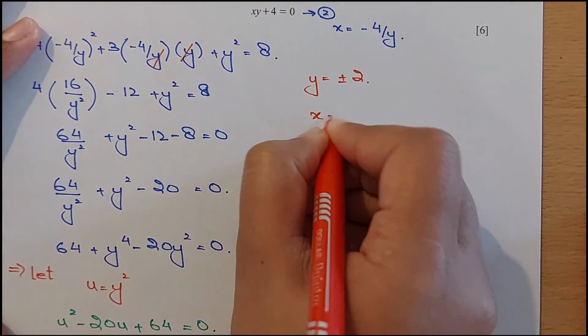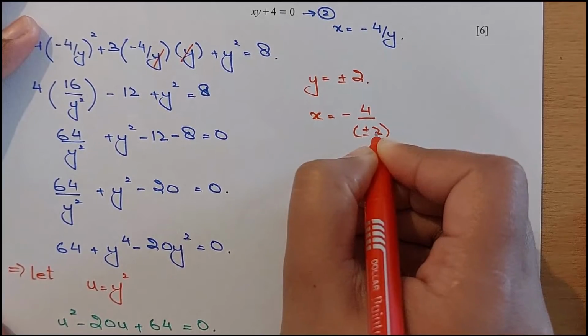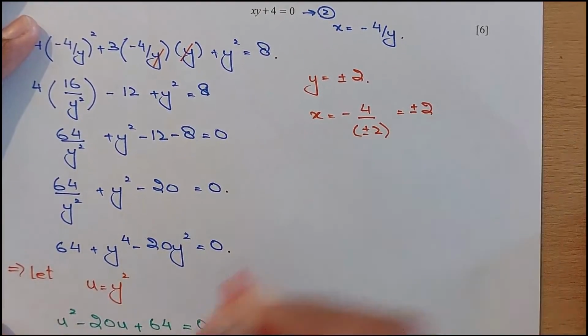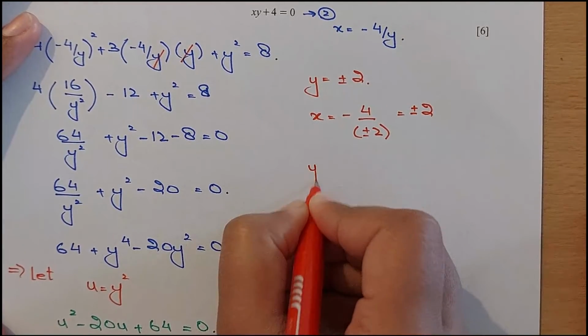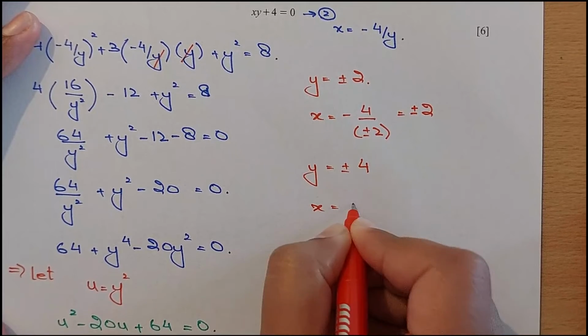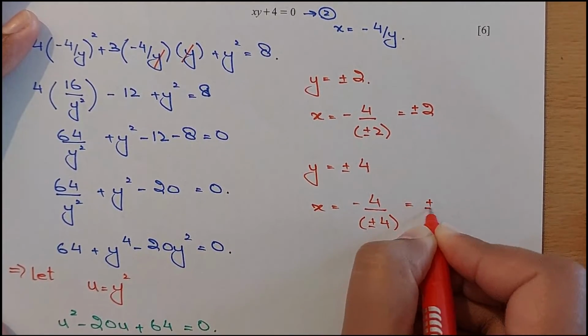So x equals minus 4 divided by plus minus 2, so 2 times 1 is 2, 2 times 2 is 4. So that is plus minus 2 you will get. At y equals plus minus 4, x equals minus 4 divided by plus minus 4. This is again plus minus 1.